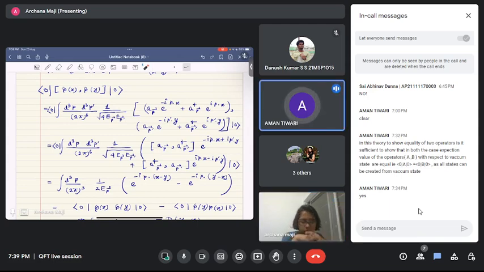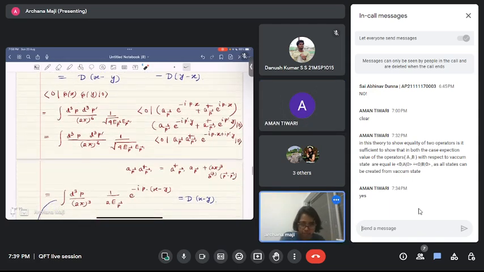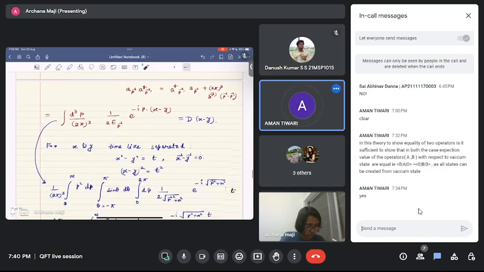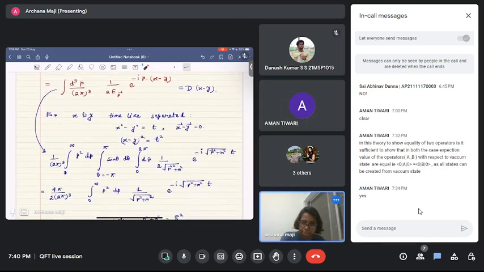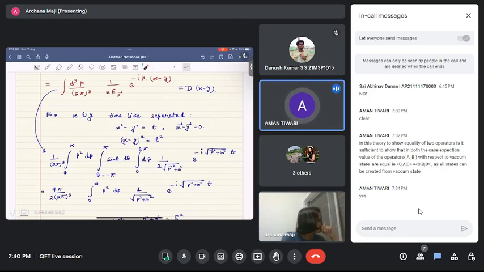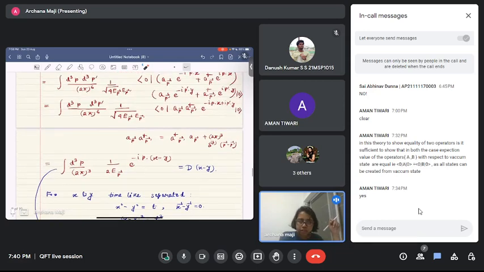I was saying that if you want to show that the commutator of phi x and phi y is equal to the zero operator, that is true only when x and y are space-like separated, yes, as we have shown here. I understood, but I was wondering why we have taken the inner product only with respect to zero. Oh, that is because that's how the propagators are.